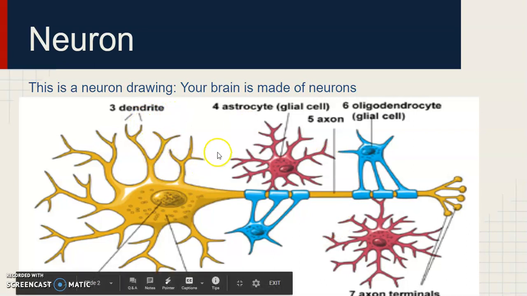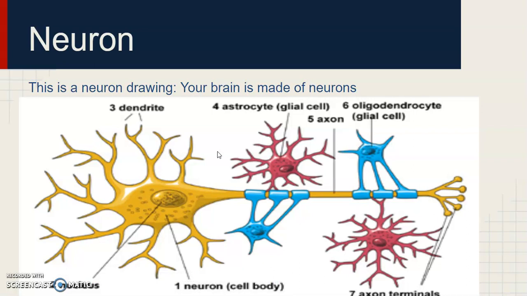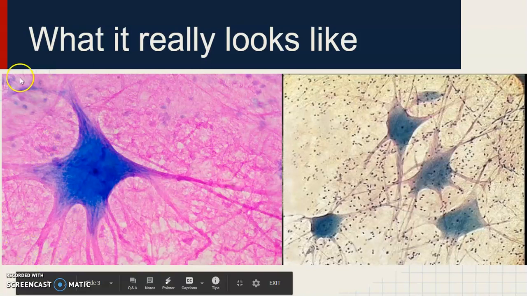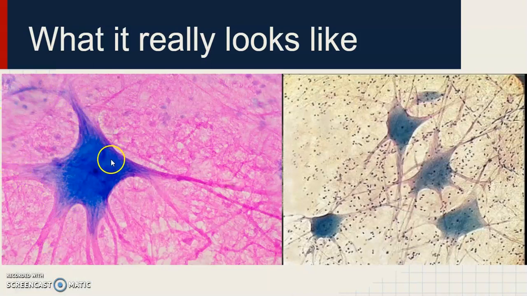Now, as with any nervous system drawing, they don't always look like they do in real life. This is what a neuron looks like in real life. It's really hard to tell in this picture which ones are the dendrites. Well, this one's a dendrite, and this one is as well, and so is this one. Is this the axon, or is that the axon?